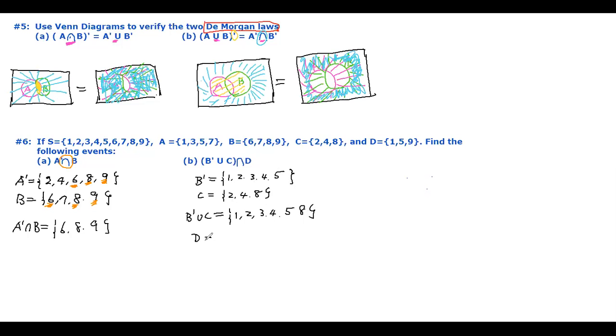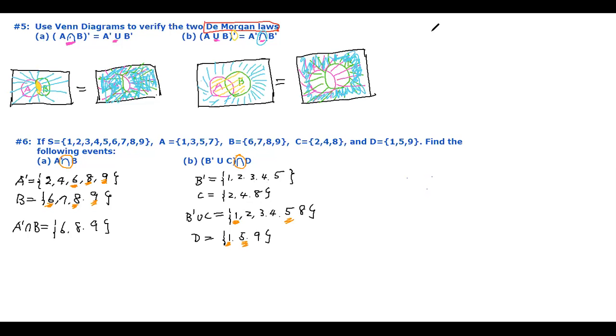Then you intersect D. D is 1, 5, 9 here, right? Now you intersect. That means you find the common elements. What are the common elements here? 1, 1 here, 5 here. That's it.